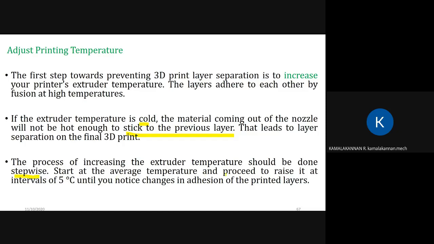Start at the average temperature and raise it in intervals of 5 degrees Celsius until you notice the change in adhesion. If you feel 5 degrees is too much, you can reduce it a bit. But this 5 degrees Celsius comes from research, and they have given the details.